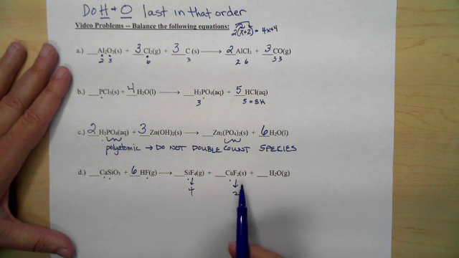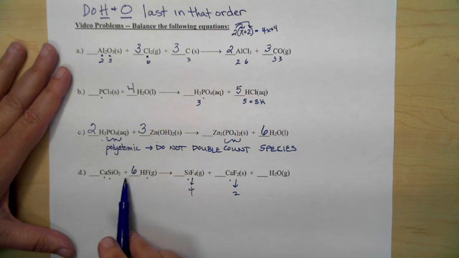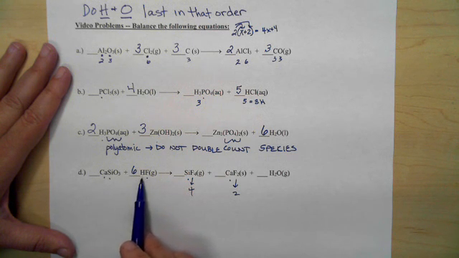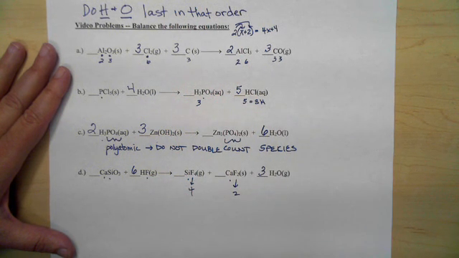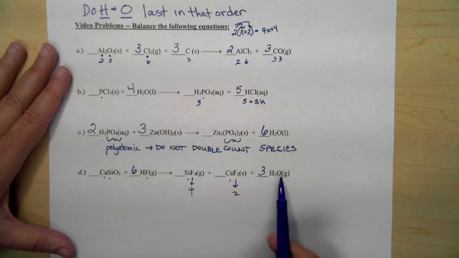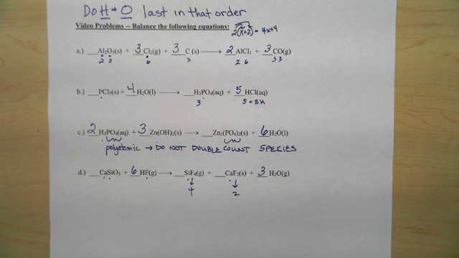So now that we've got our fluorines balanced, we didn't affect our calcium or our silicon, but we did affect the hydrogen, which we haven't balanced. We have 6 hydrogens here, which means in order to get 6 here, we're going to need a 3. That leaves us with 3 oxygens on the reactant side and 3 oxygens on the product side. So we have evened out.